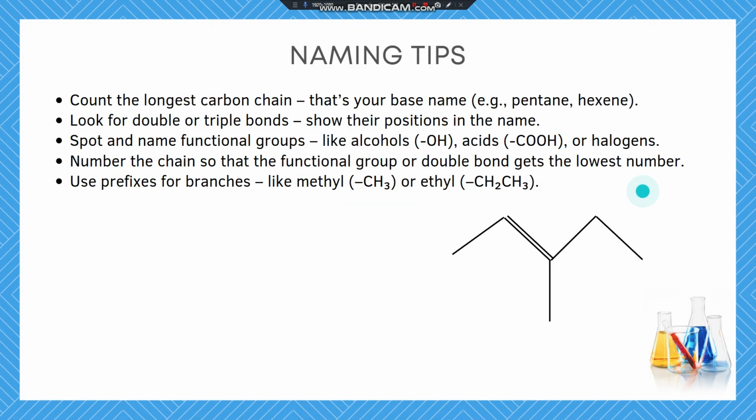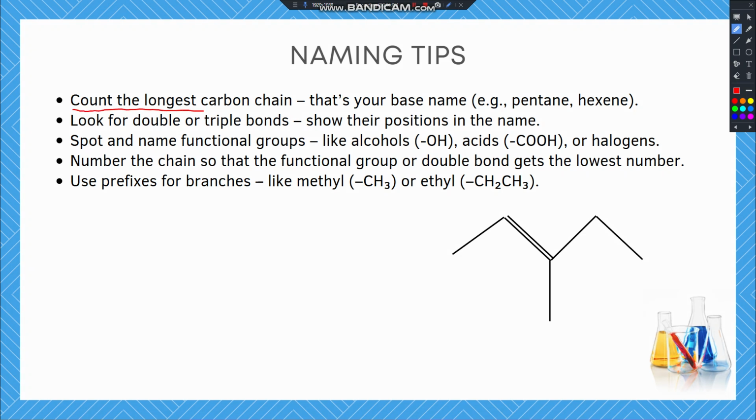So now that we have that cleared out of the way, here are some naming tips for skeletal structures that you need to have at the back of your mind. First things first, you need to count the longest carbon chain, and that will be your base name. So if we want to name this compound over here, let's count the longest chain. We can start from the left.